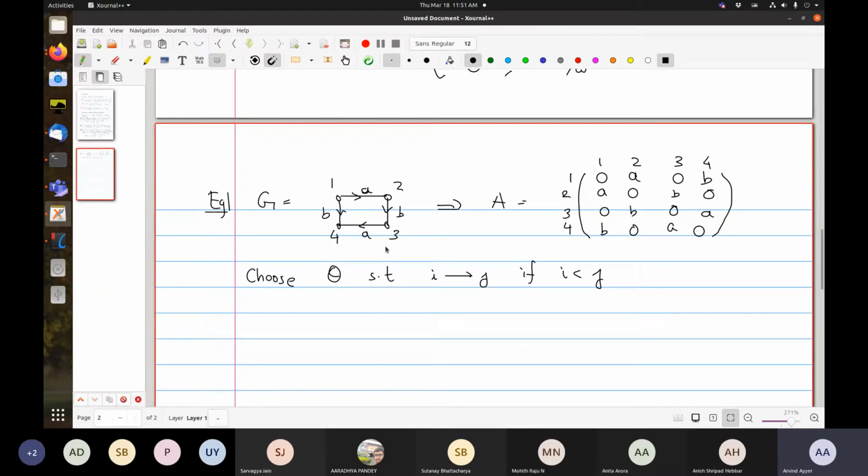Okay, I didn't take a good example, sorry. So I should do 1, 2, 3, 4, and this is the orientation, this is a, and let me adjust.